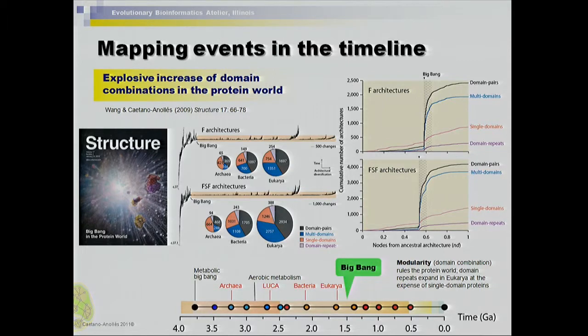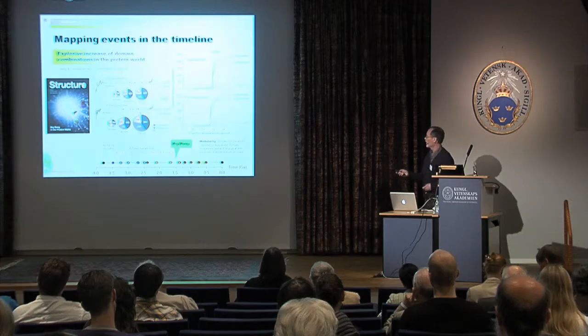And what we find is that quite late in evolution, there is a big bang in the protein world where these combinations start occurring and producing these multi-domain proteins. And this is evident, you see here in domain pairs or multi-domains, versus single domain growth that seems to be relatively constant in terms of architectures or fold superfamily architectures.